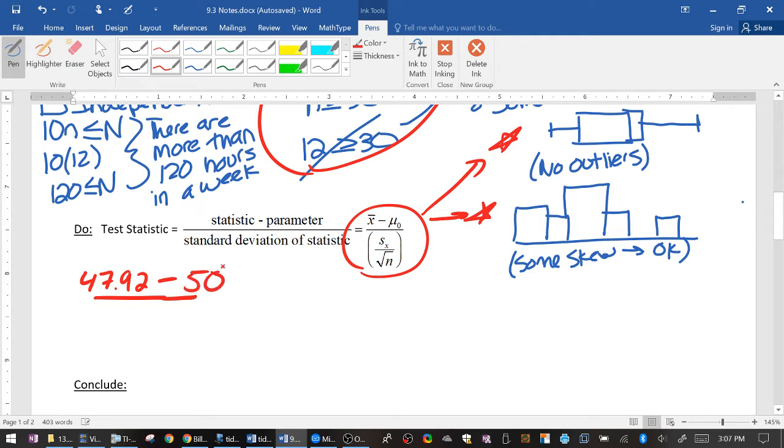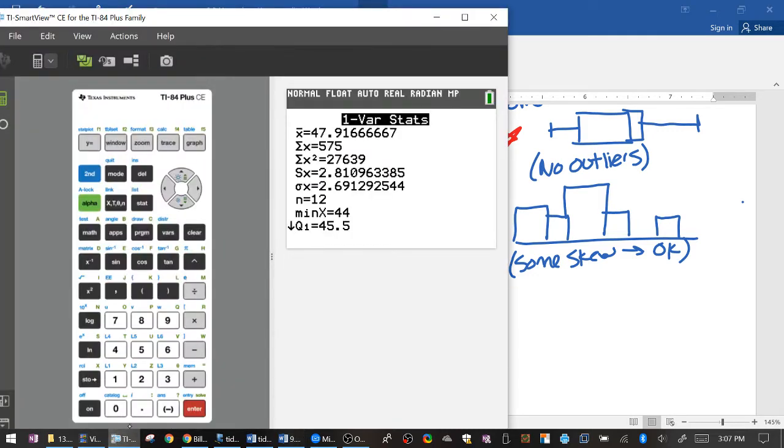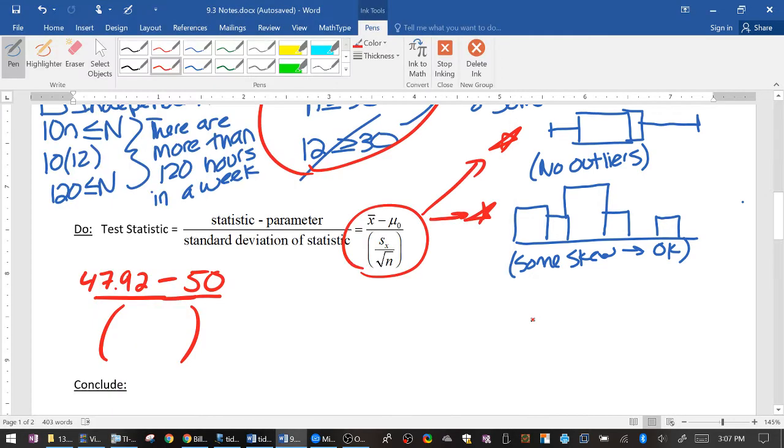So 50 goes in here. Over standard deviation of X. So S sub X. Let's go back to the calculator. S sub X is over here. It's about 2.81. Over the square root of n, so square root, and my sample size was, we said it was 12, so square root of 12.